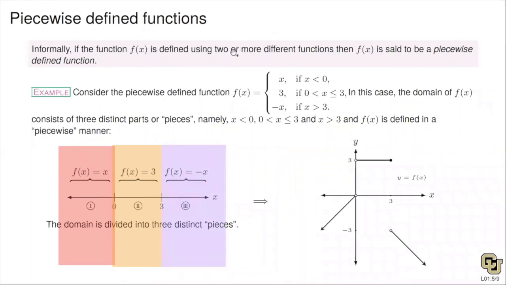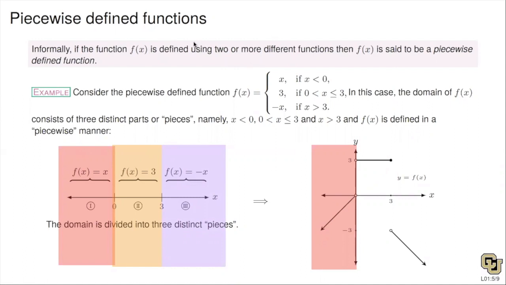You can see right here, this first section, x less than 0, this is the graph of y equal to x. But I don't want the entire graph. I just want the portion of it that's in this section, x less than 0.